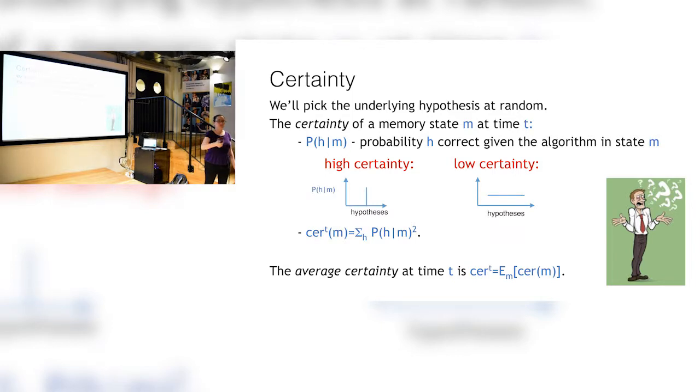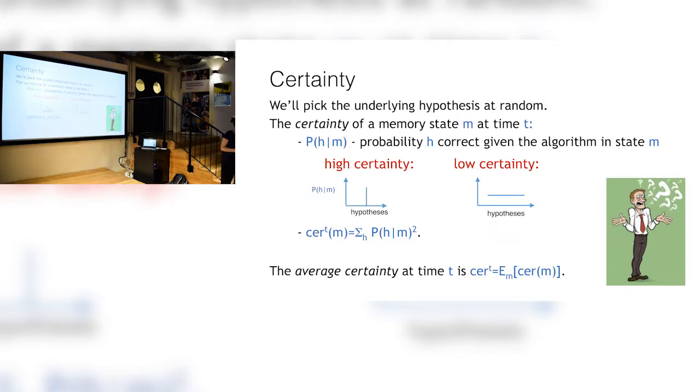We understood what this distribution looks like, but we wanted one measure to know how certain a memory state is. So what we can do is check the distance to a uniform distribution. If it's uniform, it's very uncertain, and if it's far from uniform, it's a delta function, so it's certain. There are many ways to define distance between two distributions.